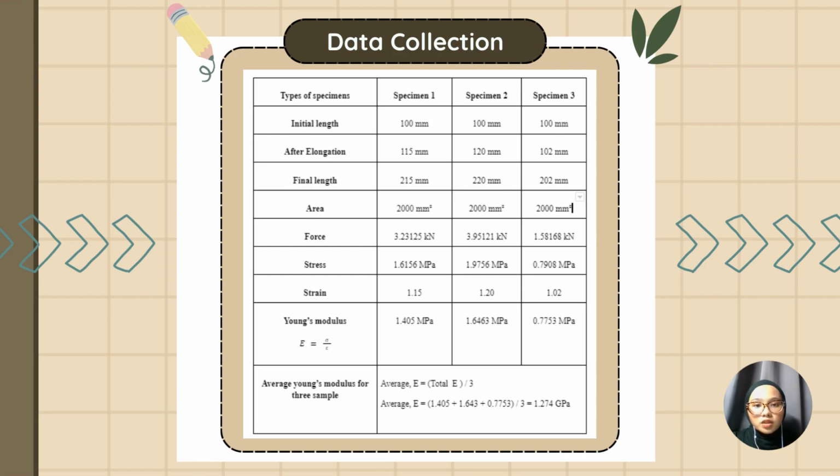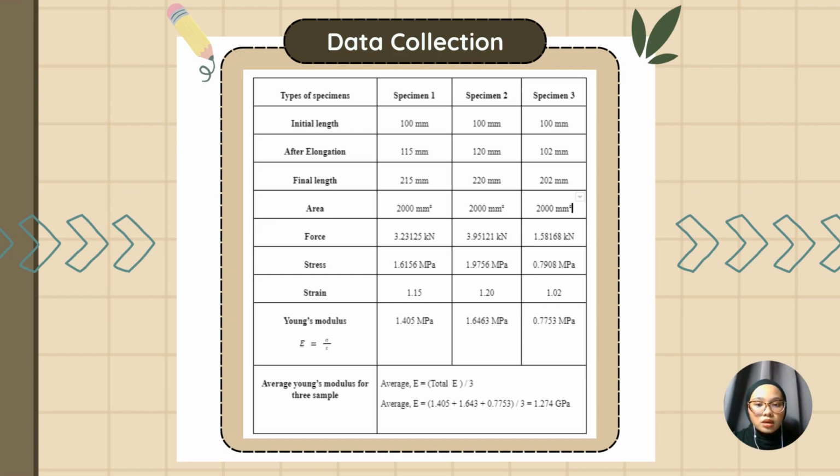Okay, for the force, we got it from the result analysis from the document. So as you can see, specimen 2 got the highest, which is 3.951 kilonewton. Okay, for the stress, to get the stress we have to calculate.